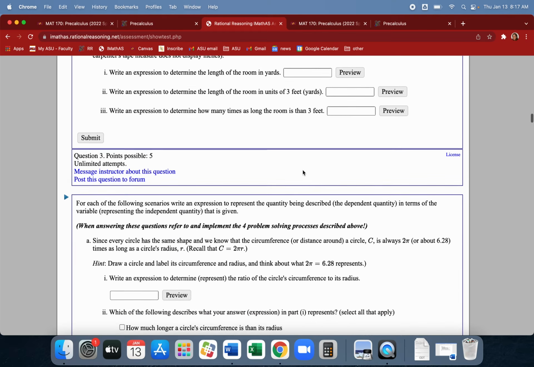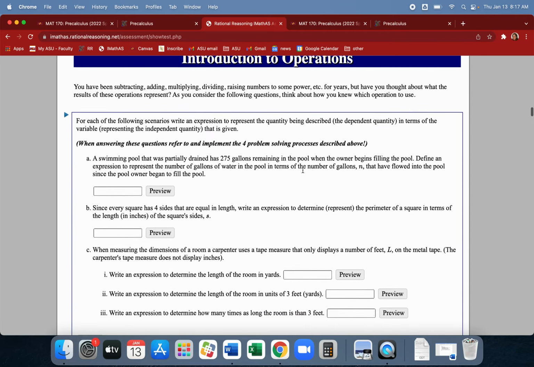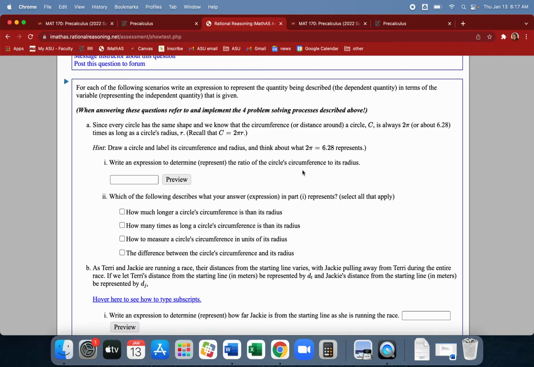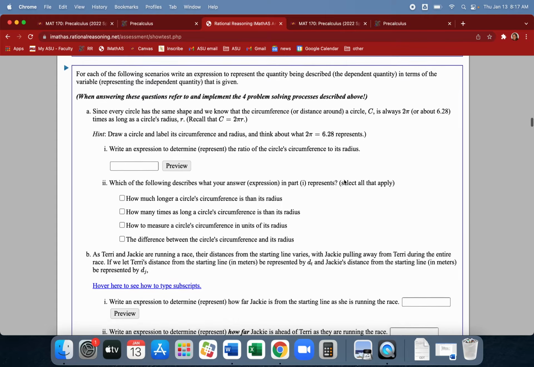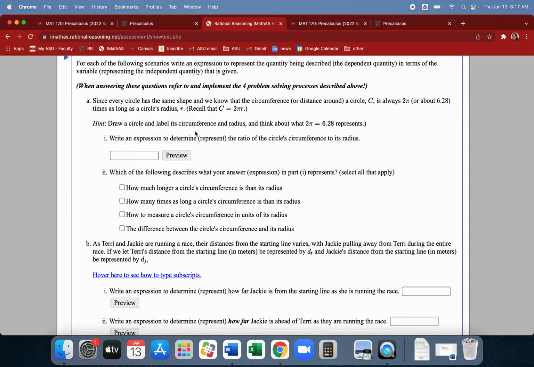After you've gone through this lesson, which has some of the same sorts of things, like here's C equals 2 pi r, and what we were just dealing with, draw a circle and label its circumference. Every circle has the same shape. We know the circumference is always 2 pi, or about 6.28 times as long as the circle's radius.